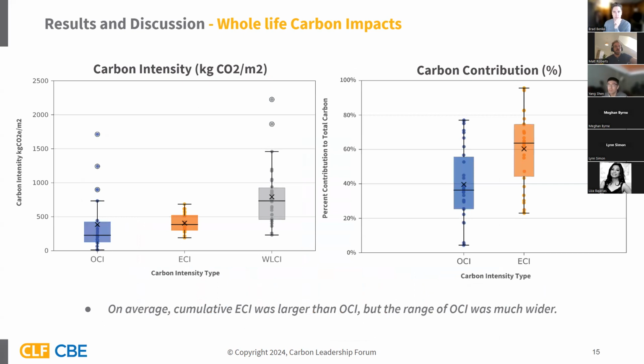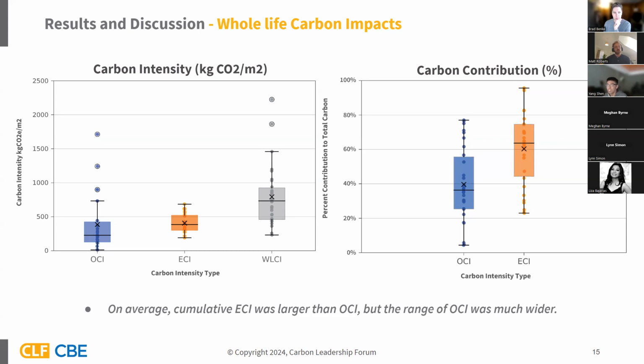So we can also use box plotting to demonstrate the statistical indicators for the whole life carbon impacts. On this slide, the left figure shows the carbon intensity, and the right figure demonstrates the embodied and operational carbon contribution to the whole life carbon as a percentage.